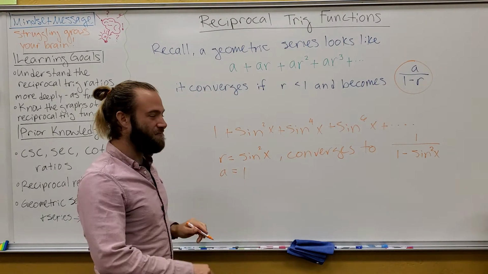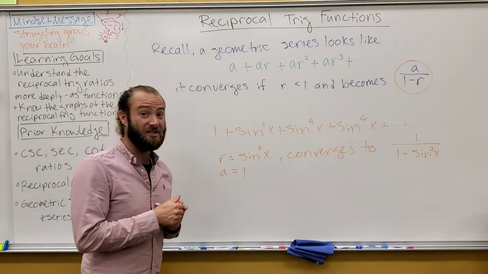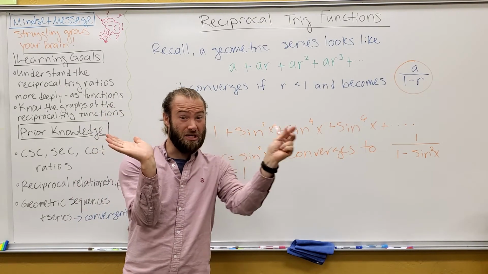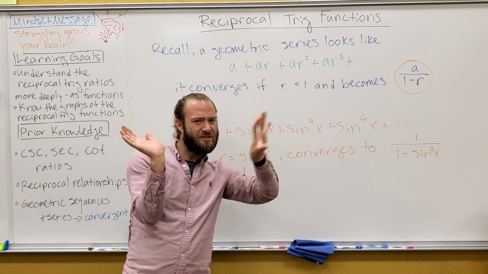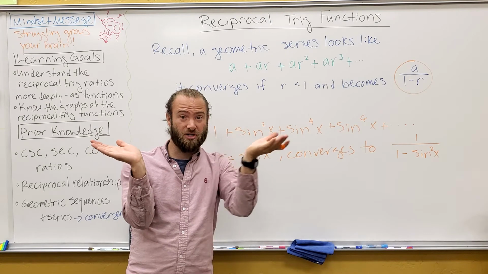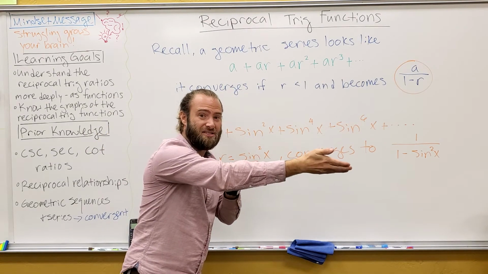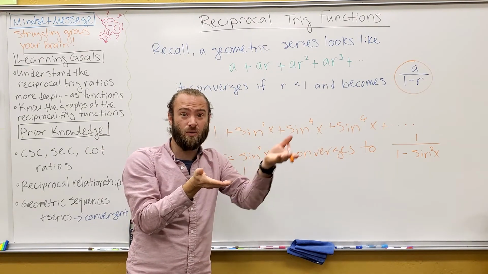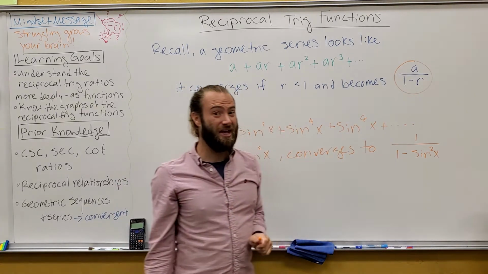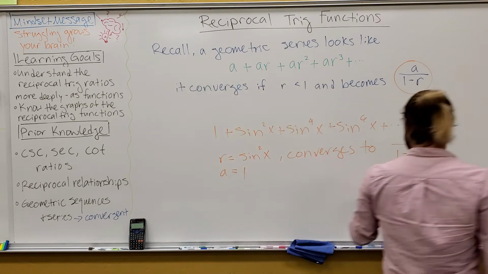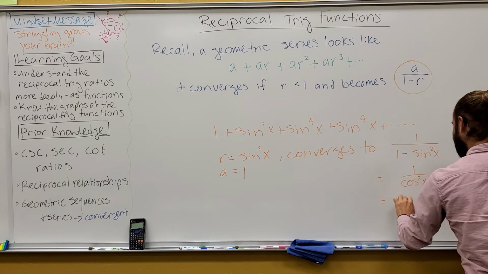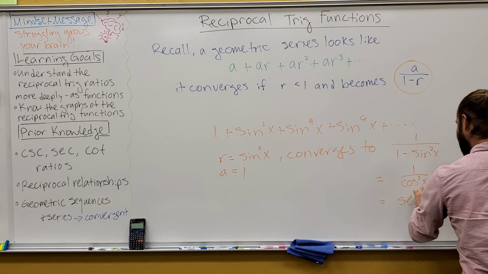Now I want you to remember something here. There's another relationship we've learned recently, that Pythagorean relationship. Remember how sine squared plus cosine squared equals 1? What happens if I subtract the sine squared over? You have cosine squared equals 1 minus sine squared. So that equals 1 over cosine squared x, which is secant squared x.